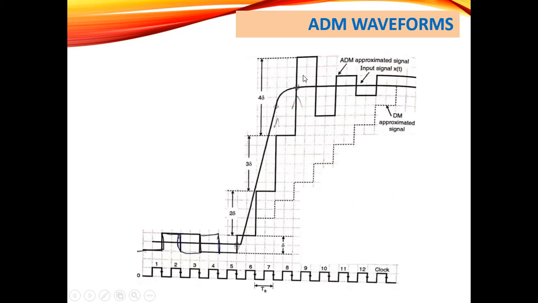This is the original signal. This is the produced delta modulation, which indicates plus del, plus del, minus del, plus del, plus del, with variation with the step size. And now this is adaptive delta modulation, which shows the ADM quantized signal.